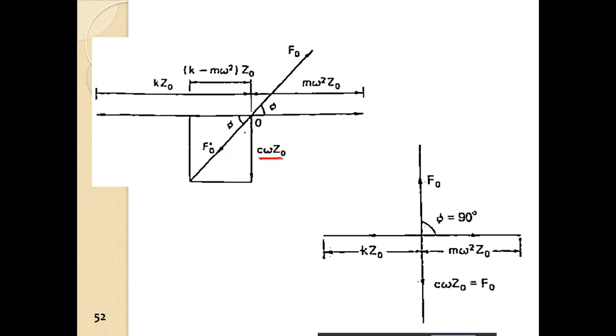So what will happen if this force is reduced? The phi angle will reduce. The reaction will move in this direction, and the applied force will come in phase with the acceleration. So ultimately we have the force from the system and the applied force.